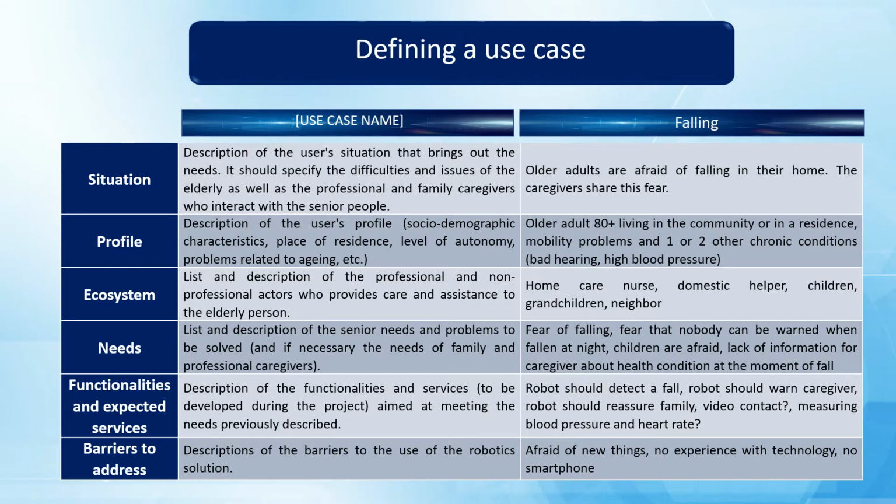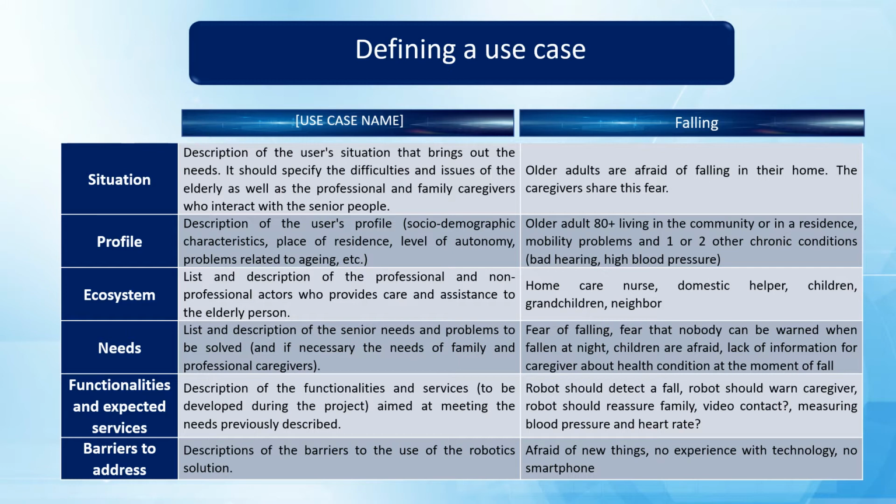Well, if we apply this to an example like falling, you could say that the situation could be that older adults are afraid of falling in their home, and they're not the only ones afraid. Also, the caregivers, the family members are afraid that this would happen.